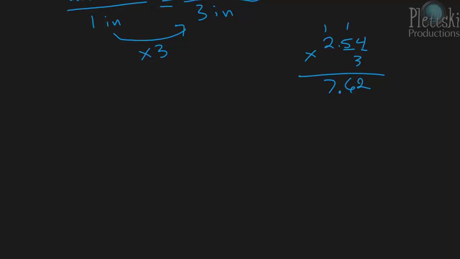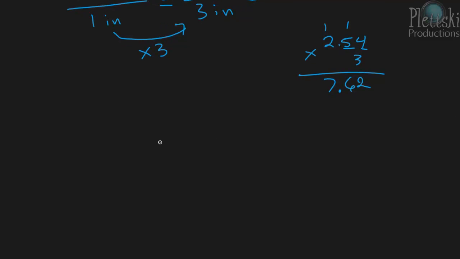Now let's look at comparing unit rates. So here's the situation. We have a 12-ounce tub of popcorn that costs $3.